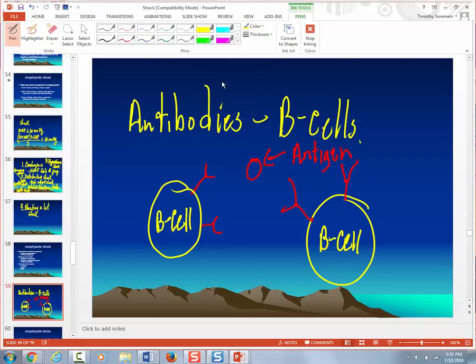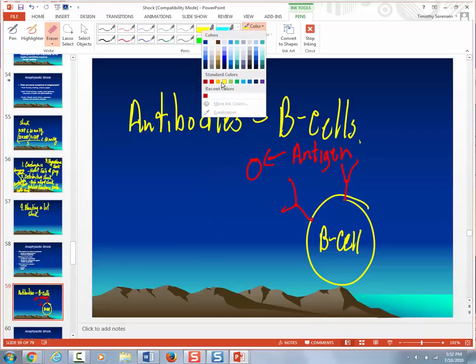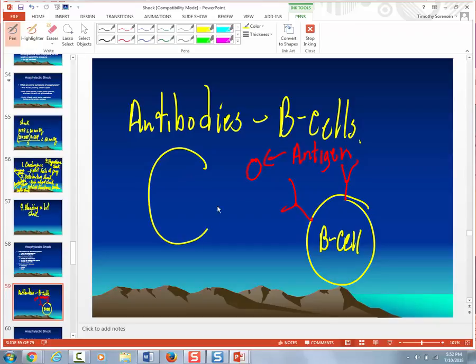Now watch. When a specific B cell comes in contact with an antigen, it gets turned on. And sometimes it doesn't call you back. Now watch. This B cell is going to come in contact with the antigen, and how it comes in contact is by this specific receptor binding to it.